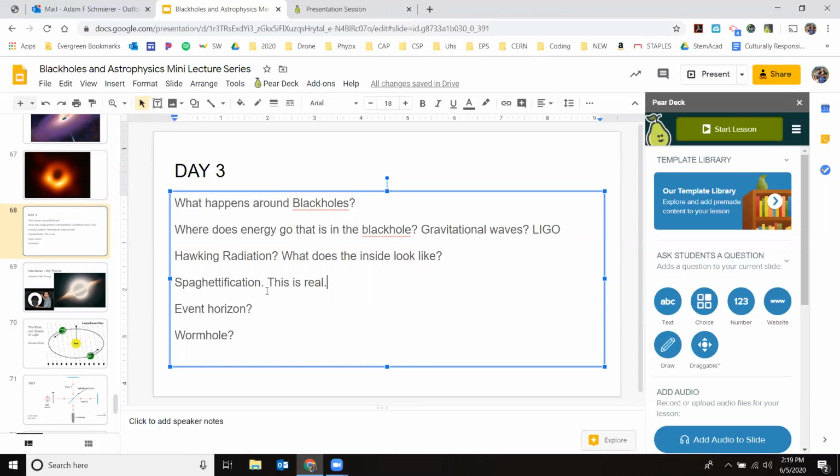Picture playing tug of war and all of a sudden the rope breaks. Now imagine playing tug of war in a black hole and you have this rope there. One end of the rope is closer to the singularity, to the center of the black hole, and it feels a greater force. The outside feels a smaller force, and they accelerate differently. And so the inside gets stretched. That's spaghettification.